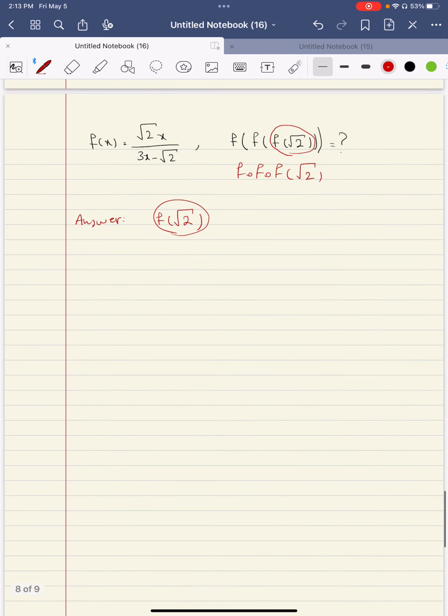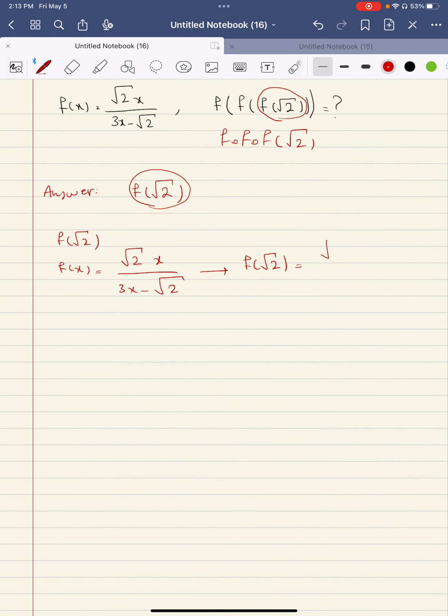So f of root 2, your f(x) equals root 2 times x over 3x minus root 2. F of root 2, we should just put root 2 as for the x. So it will be root 2 times x, or root 2 in here because we are replacing it, over 3x, or 3 times root 2 minus root 2.